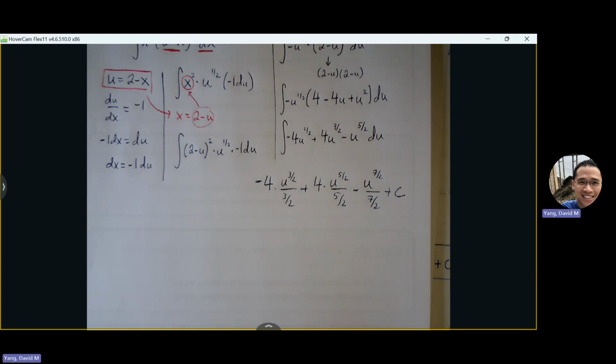Let's flip all those fractional denominators to the top.